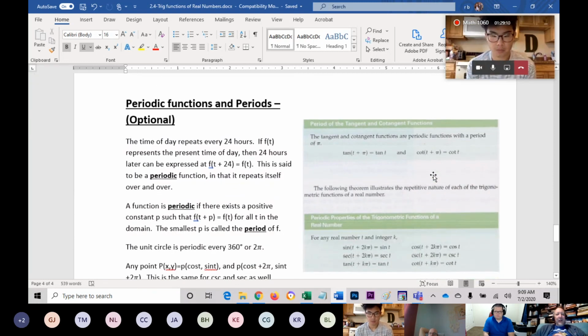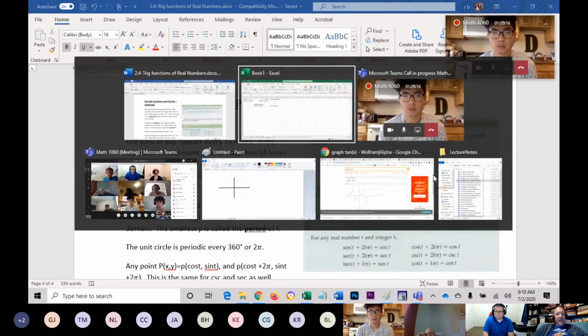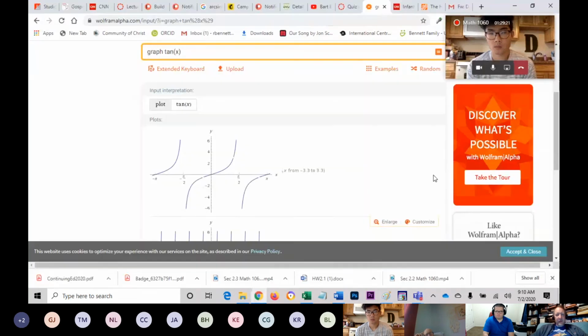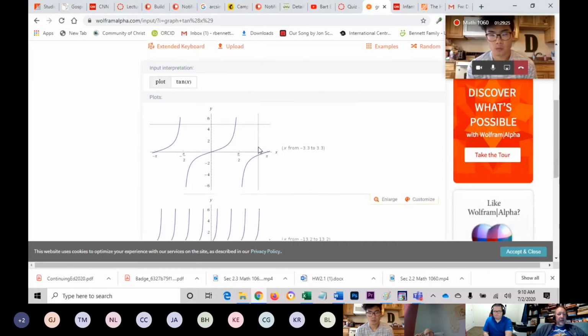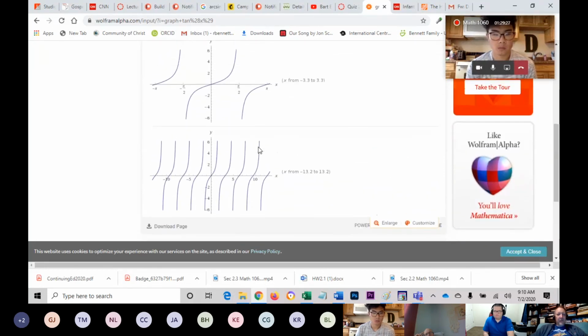Okay, so we're going to talk about periodic functions and periods. Let me go back here. One of the things you'll notice here, since I've got the tangent of t, if you repeat the tangent function a bunch of times, as in this bottom graph, there are asymptotes in between.